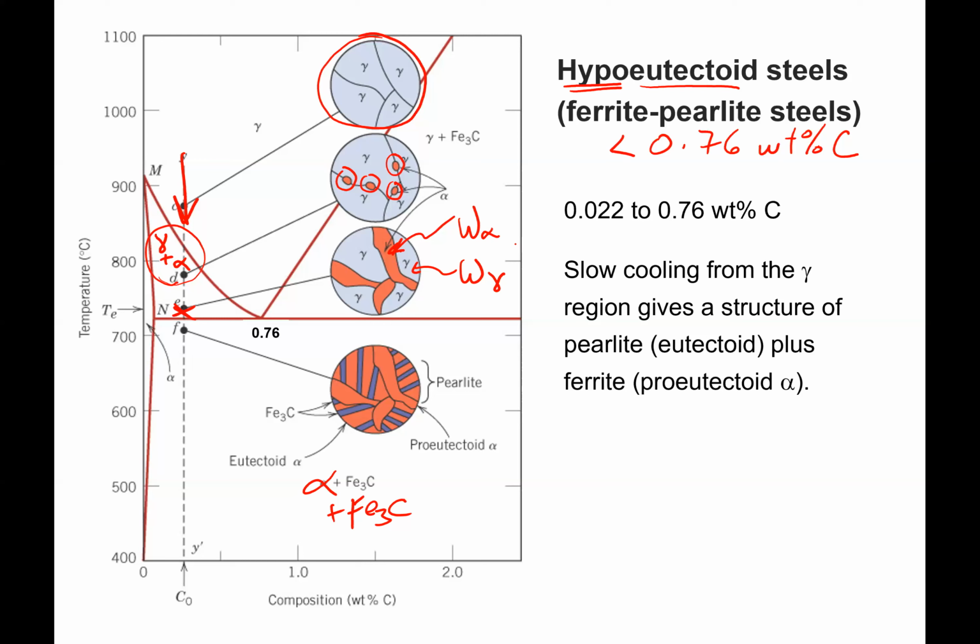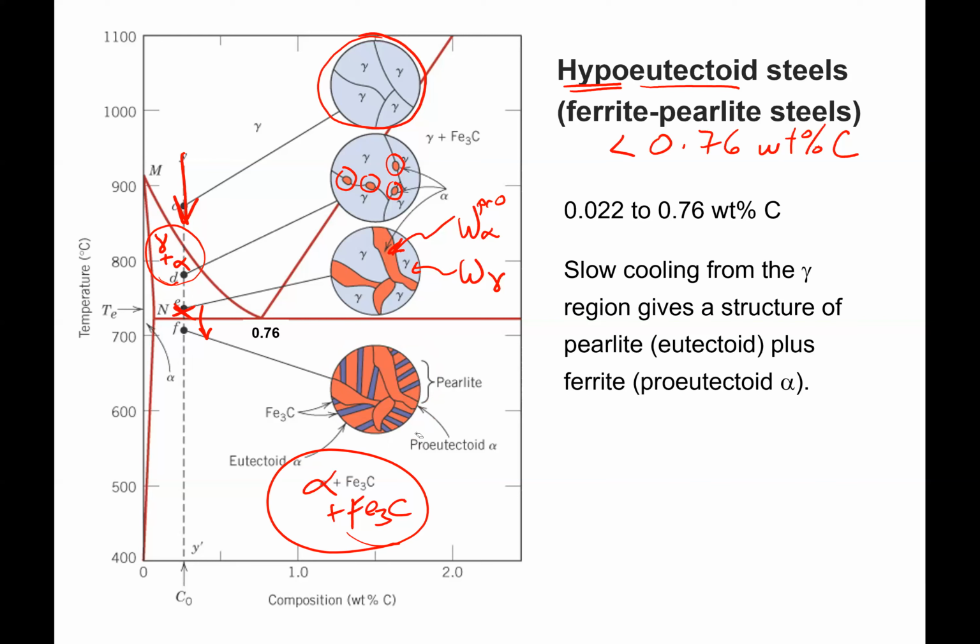And as we cross over now and cool below into the two-phase region, just like before where the primary alpha stays and we only transform the liquid, here we're going to call it pro instead of primary, but our pro-eutectoid alpha or ferrite stays, and we only transform, you can see hopefully in this picture here, the gamma. Okay, so the austenite gets transformed into pearlite, that's that layered structure, the eutectoid structure, and our pro-eutectoid ferrite stays.